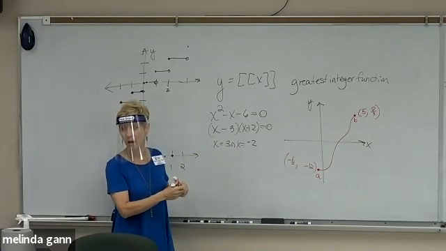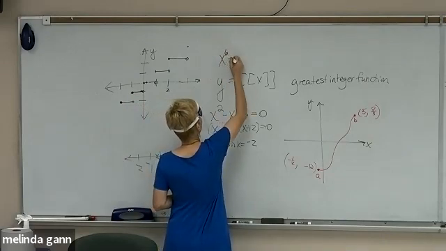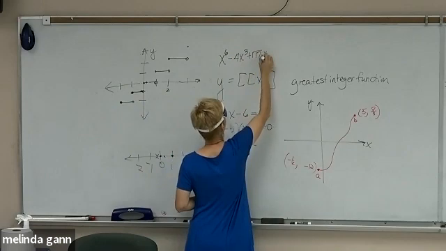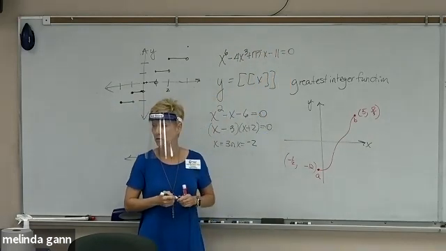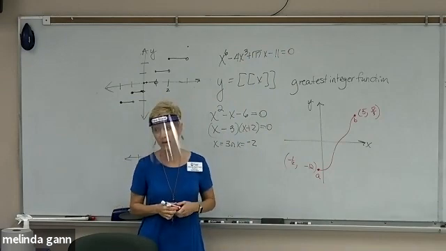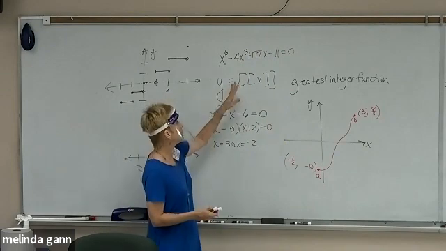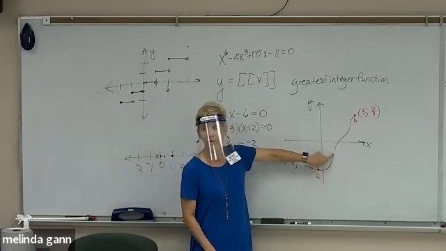On that parabola. But if I gave you x to the 6 minus 4x cubed plus the square root of 17x minus 11 is 0, now you're going to balk. Because factoring that's not going to be fun. So what would happen is you would find some number that would give you a negative answer.